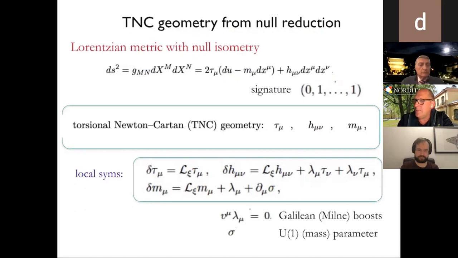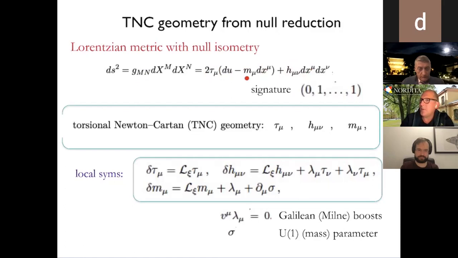My d+1 indices are m, mu runs over d indices. So this is the extra direction, the null direction. And this geometry in this general parameterization features a time-like field line, a spatial metric, which is degenerate, there's this signature, but it's still a tensor, and a U1 vector field, m mu.